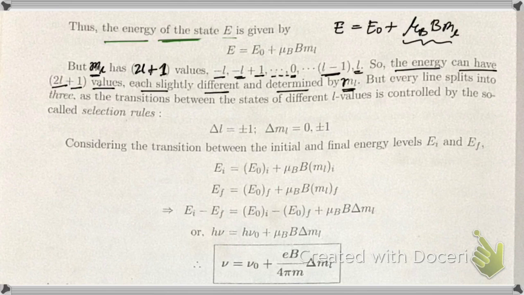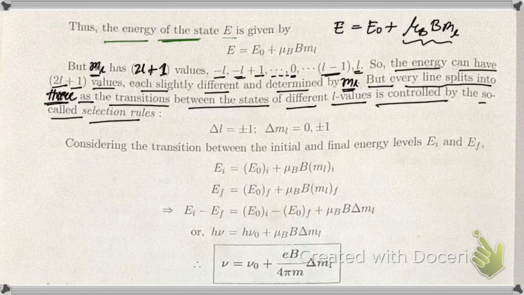But every line splits into 3, as the transition between the states of different L values is controlled by the so-called selection rules. These are the selection rules: del L is equal to plus minus 1, and del ml is equal to 0, plus minus 1, right?